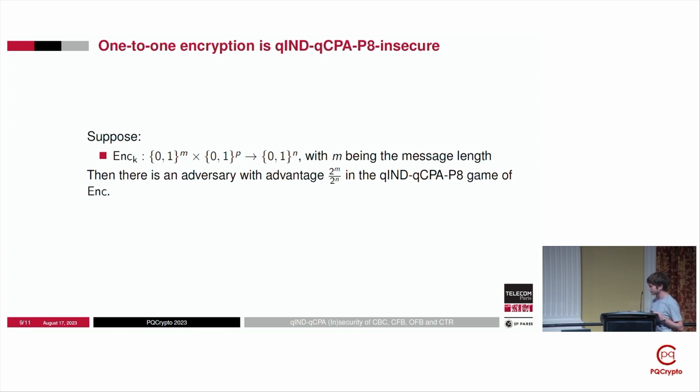In particular, this means that if the encryption is one-to-one, the crypto system derived from the encryption will necessarily be P8 insecure. So this works for most modes of operation. In fact, it works for every mode we've talked so far.